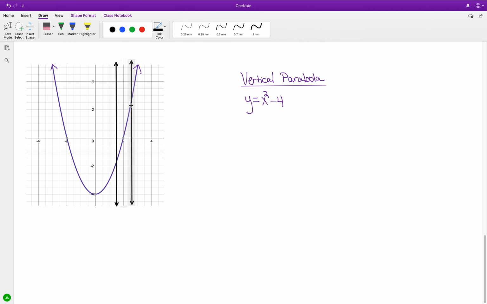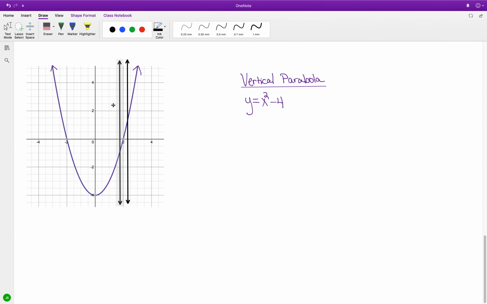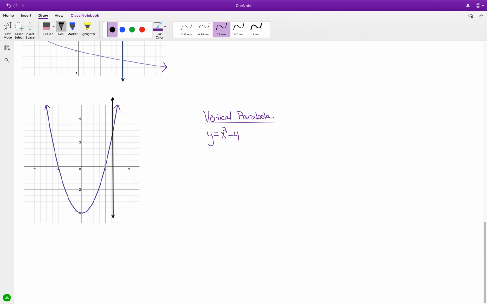If I run a vertical line through this, notice we have intersection at most at one point. Moving throughout, at each x value you have intersection at most at one point. And so this particular graph defines a function.